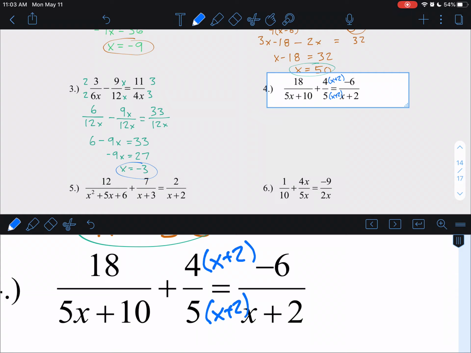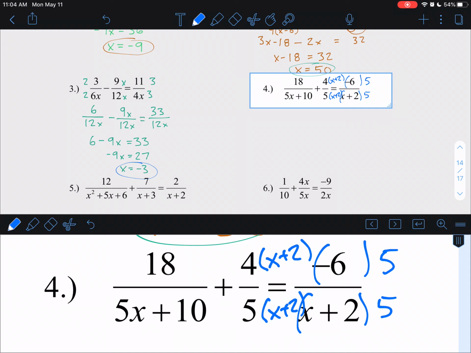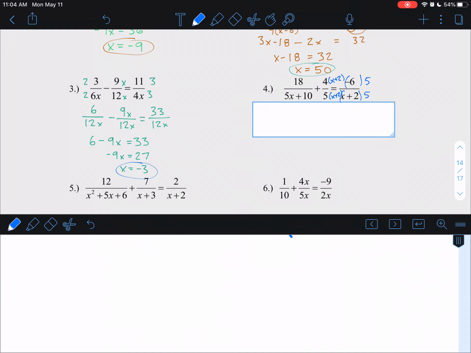And this negative 6 over x plus 2, I want to get this to turn into 5 times x plus 2 as well. So that means I have to multiply by 5 over 5. And the first fraction I didn't have to do anything with. And when I do that, everything is going to turn into 5 times x plus 2, or just 5x plus 10.